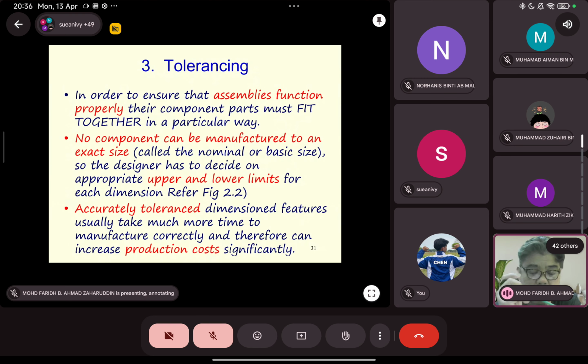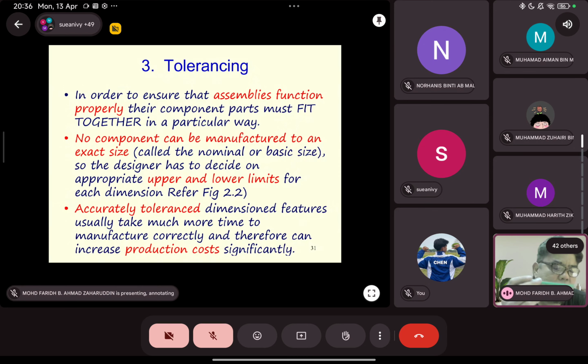Second one is assembly pilihan. I did give examples, if you still remember, there is a type A, B, C engine for Honda. So instead of rejecting the parts, the fabricator groups them into grades.